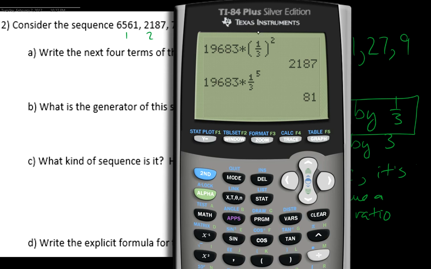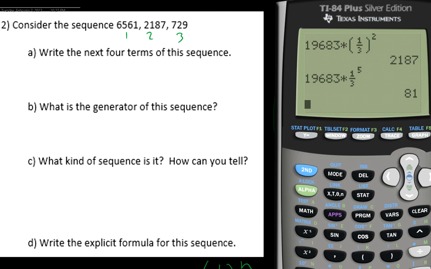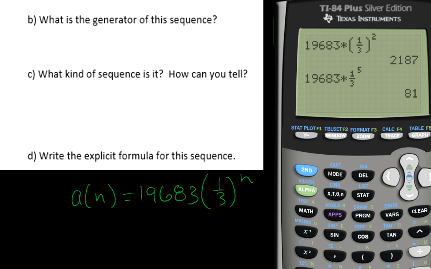So again, this explicit formula, 19,683 times 1/3 to the nth power, is nice, but the thing that's nice about it is it's producing the correct results. I can verify with arithmetic, using my calculator in this case, that it is producing the exact sequence that I'm talking about in this problem.